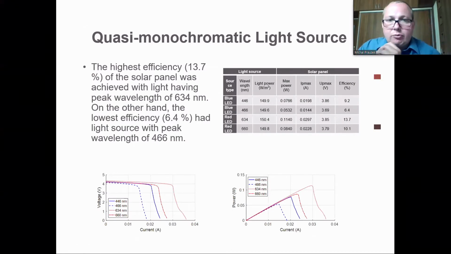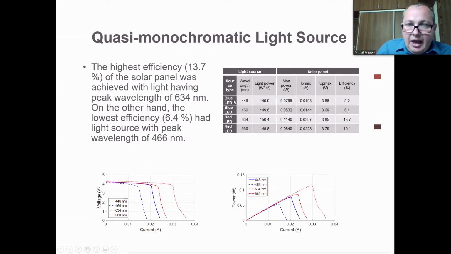So this is the result. First, the quasi-monochromatic light source. It means the blue and the red ones. So we have the first two, this is the blue one, and the second is the red one. And the result is we measure the total efficiency of the blue source, from 466 nanometers, it's only 6.4%.